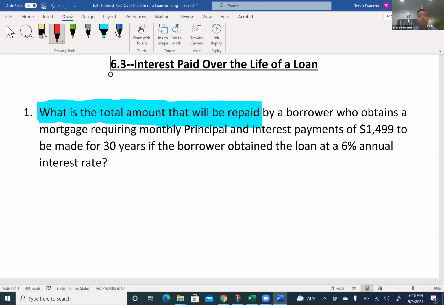Folks, we can use some very simple things here to figure that out. Number one, we know for a fact that we're paying $1,499 a month. That's a good starting point, because if we only made one payment, that's how much we would pay back. But we're not making one payment. As a matter of fact, we're making that payment monthly for all 12 months out of the year.